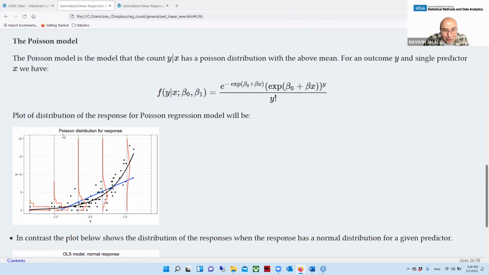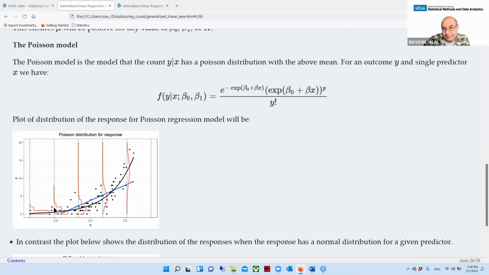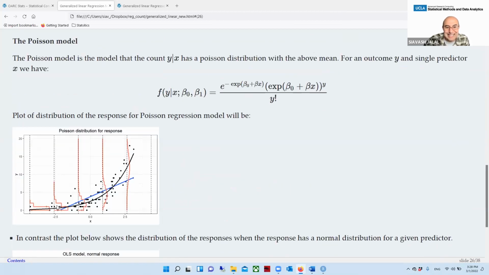In Poisson, for each given x you get a given outcome. The given outcome is usually on the y-axis. So that y-axis is the mean value or average value or lambda or mu or expected y given x, right? This x is minus 2.5, so the mean is somewhere here.